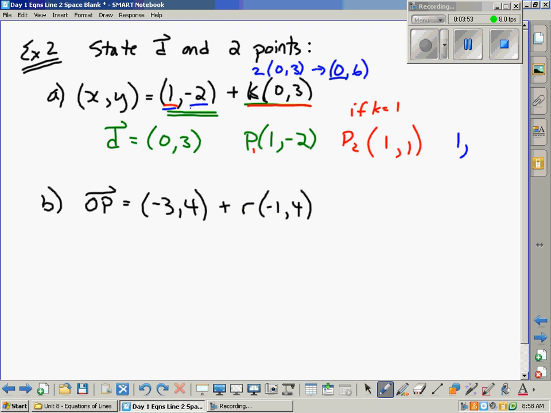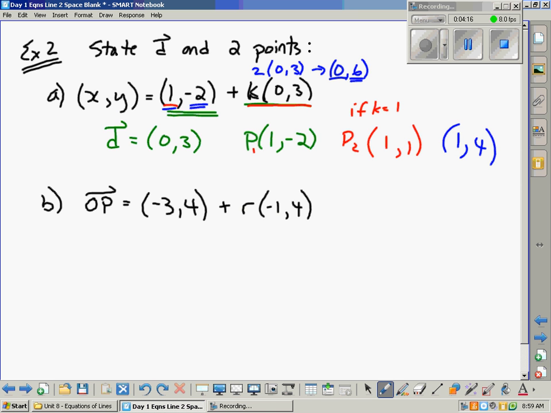And then negative 2 plus 6 is 4. And that would be a third point. And you can see now how this would get nasty because you could just pick any value for k, and technically you'd be correct. But I wouldn't tell you to be a smartass and get like negative 72 and then let me try and figure out if you're right or not.